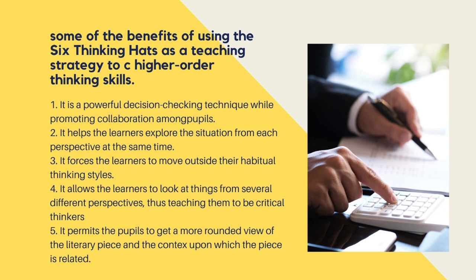Number 3, it forces the learners to move outside their habitual thinking styles. Number 4, it allows the learner to look at things from several different perspectives, thus teaching them to be critical thinkers. Number 5, it permits the pupils to get a more rounded view of the literary piece and context upon which the piece is related.